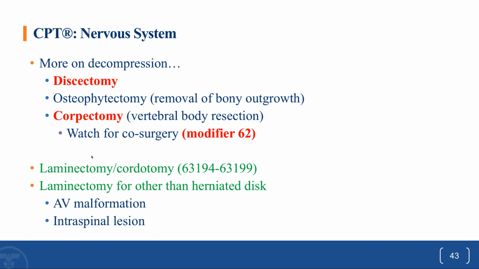So of course, at the top of the page, you have to make sure you write consider the approach, because in CPT code 63090, what's the approach? It says transperitoneal or retroperitoneal approach.